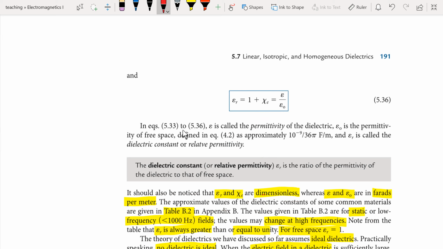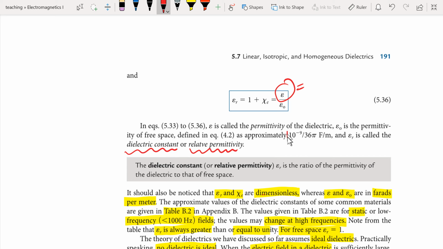Therefore, we end up defining the epsilon as the permittivity of the dielectric, whereas the epsilon R we define as the dielectric constant, or what we also refer to as relative permittivity.